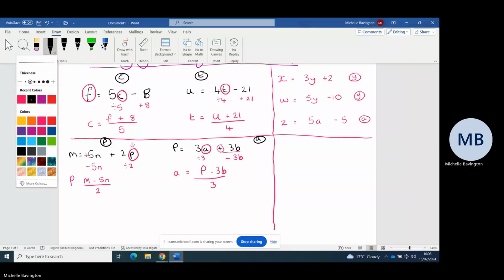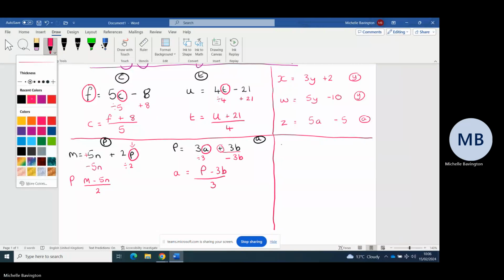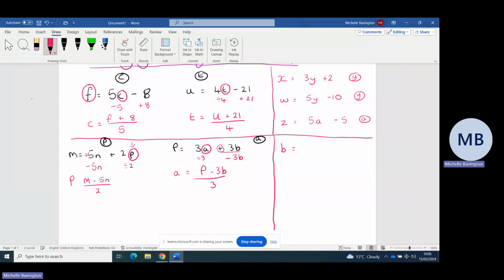So what about B equals 3n minus 4m, and make m the subject.